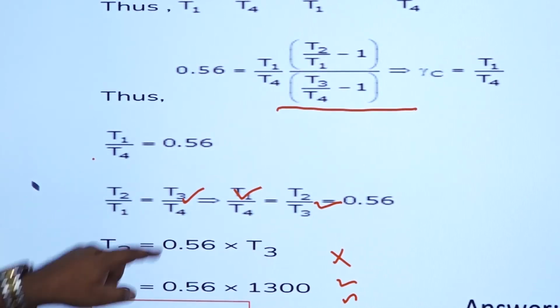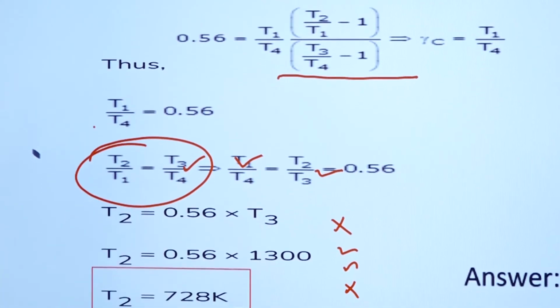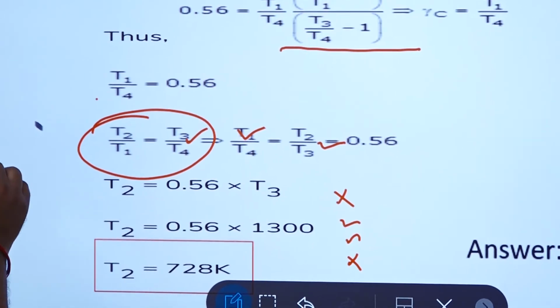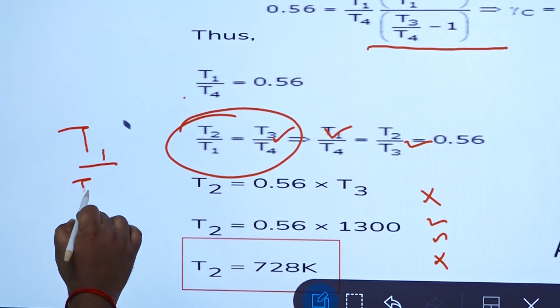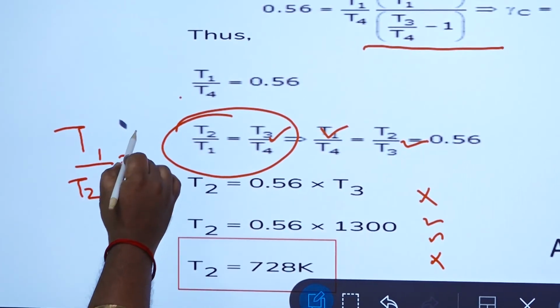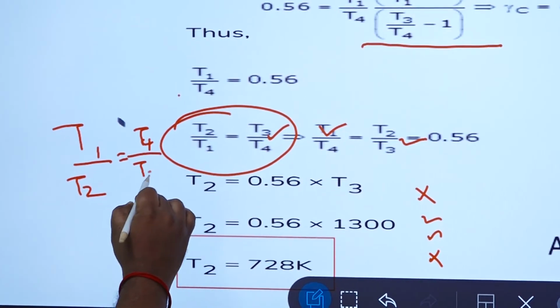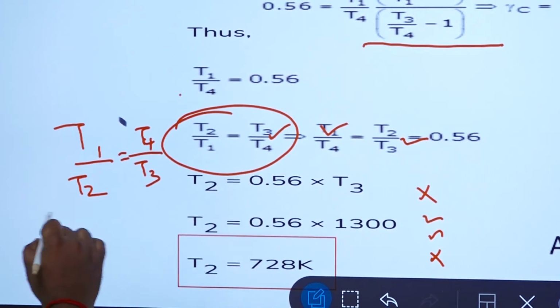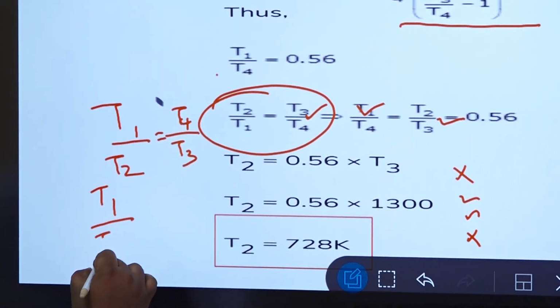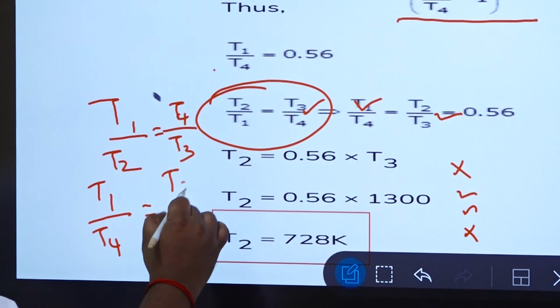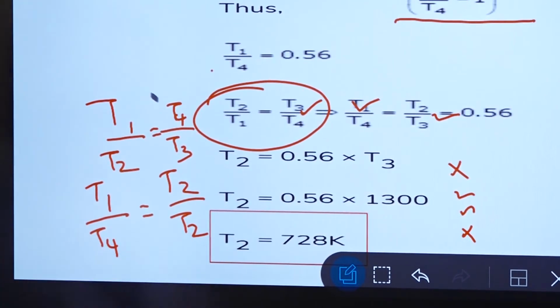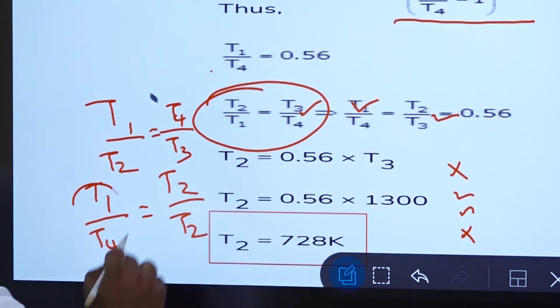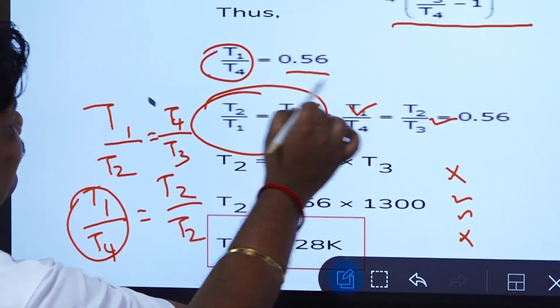So we know that T2 by T1 is equal to T3 by T4. From this you can write it like this: interchange the numerators and denominators on both sides, so T1 by T2 will be equal to T4 by T3. So from this you can write that T1 divided by T4 will be equal to T2 divided by T3. You know the value, that is T1 by T4 is 0.56.